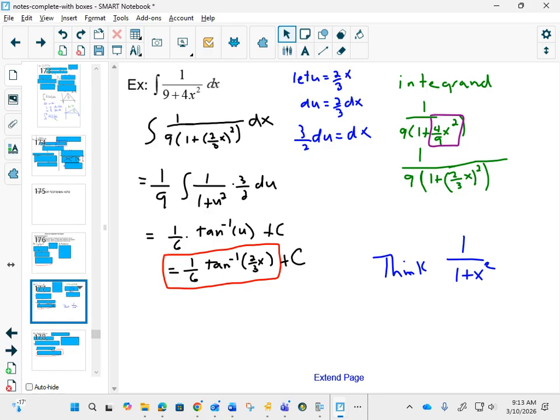If I had an 8x on the top, this would be a substitution question, because I would look for a derivative inside my question. If that's not the case, substitution directly wouldn't work here because I don't have a derivative with x showing up. Then I start to look for those inverse functions. Does it look somewhat like this? Could I manipulate it to get that algebra?